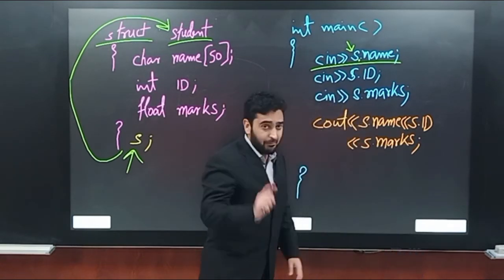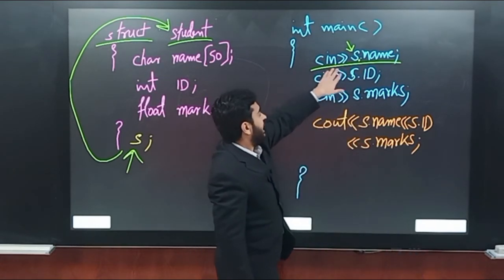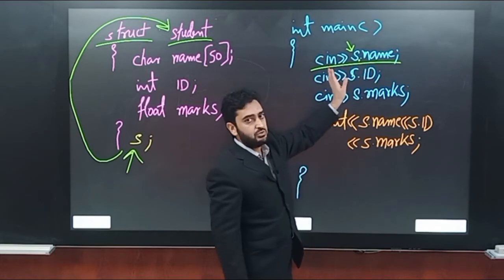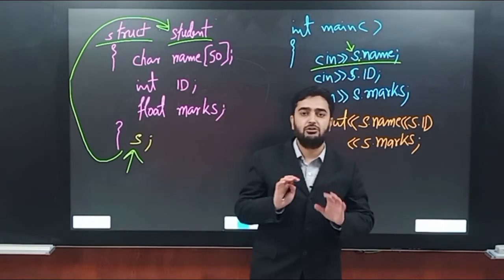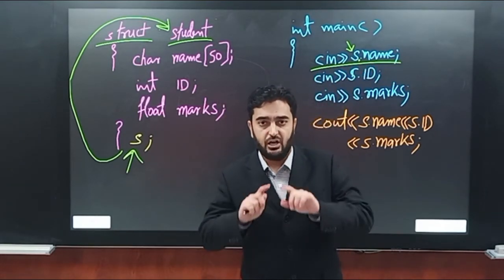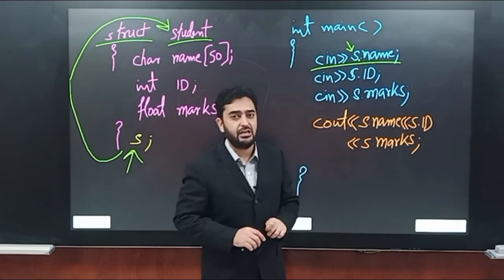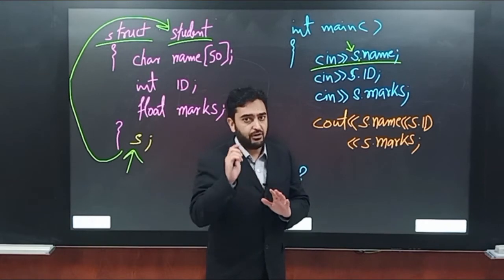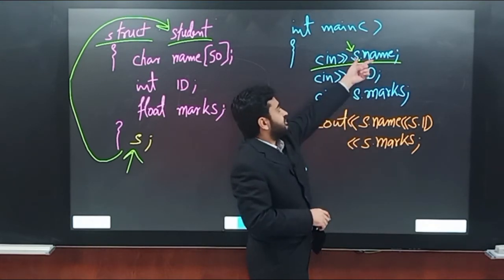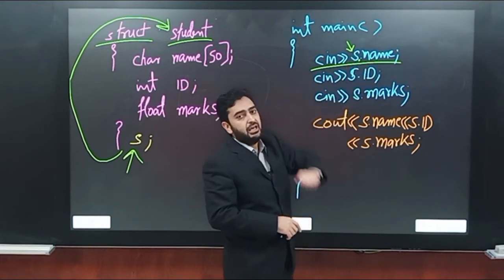Remember that when you take a name from the user and the user gives a space between the first name and second name, that space will be considered a terminator in the input, and only the first name will be assigned to s dot name.